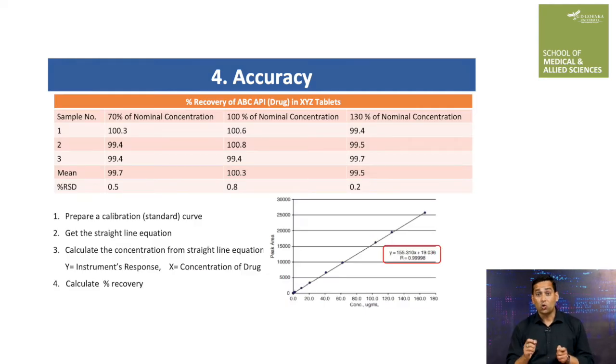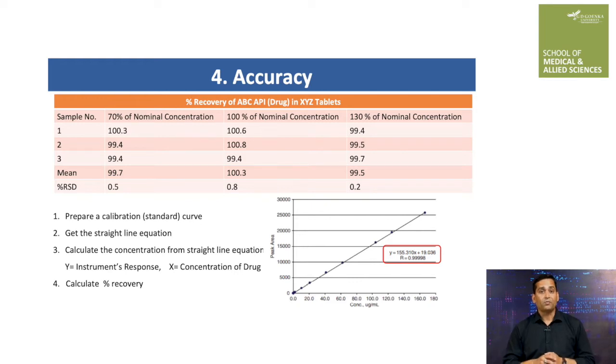This slide shows presentation of percent recovery data. Now, we have learnt that percentage recovery studies are performed at 3 different levels and thrice for each level. Here, percentage recovery data of ABC API from XYZ tablet is presented in the given table.